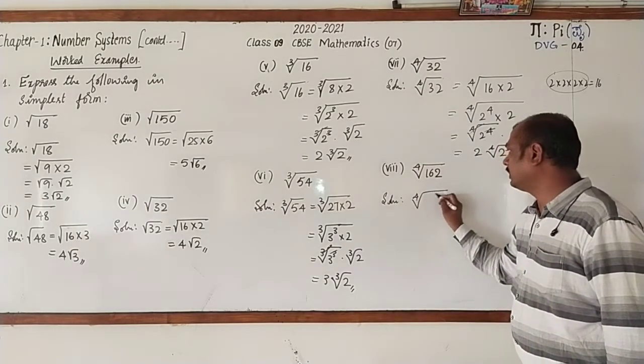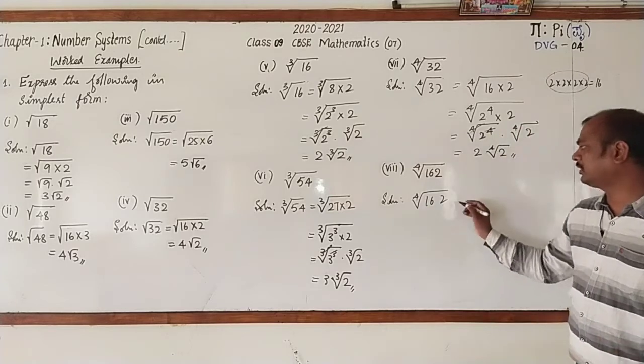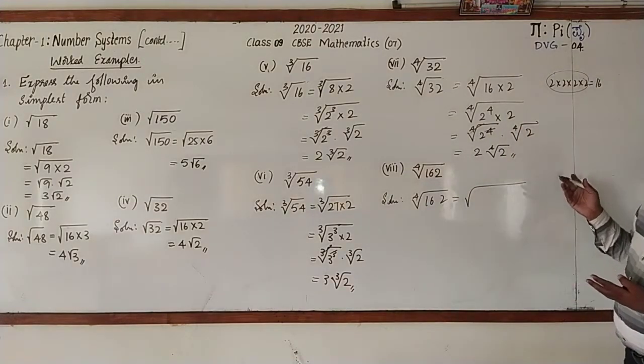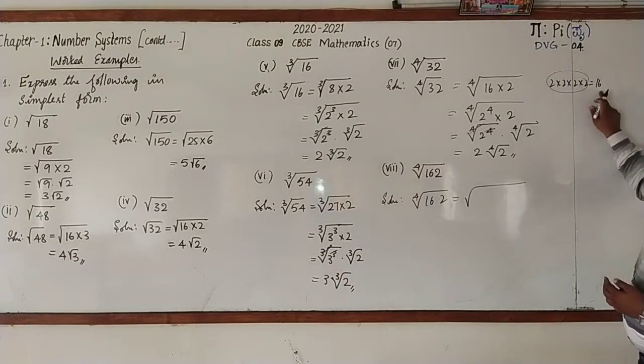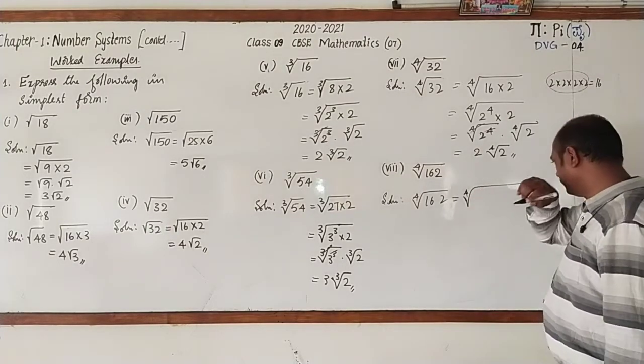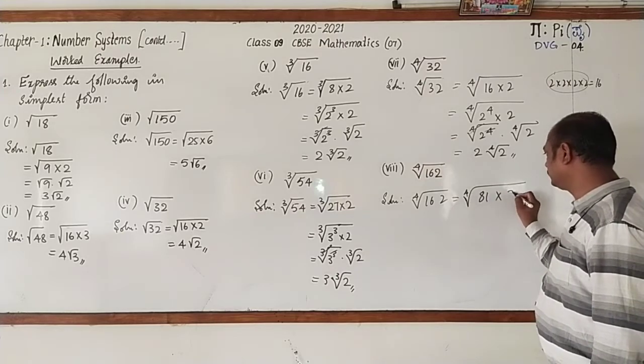Again, fourth root of 162 by trial and error method. Which one you will go for? 2 cube, 2 raised to the power 4. Will you go for taking 16? Won't come. Then you have to take 3. 3 threes are 9. 9 threes are 27. 27 threes are 81. 3 raised to the power 4. 81. 81 twos are 162. So it comes fourth root of 81 into 2.